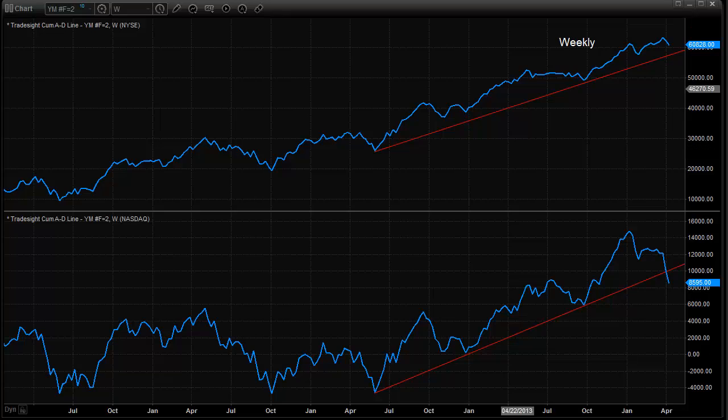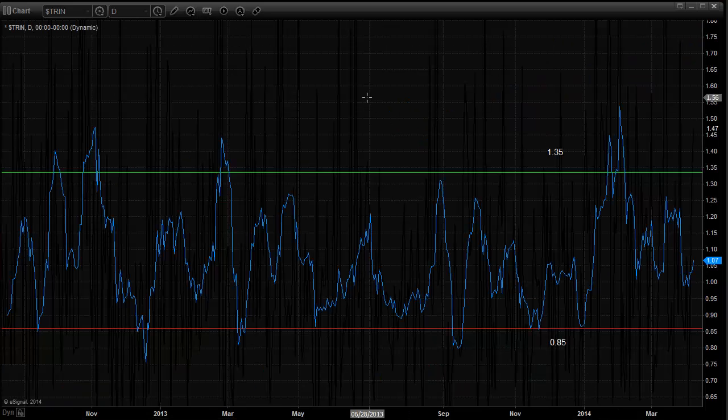So a couple things to be aware of. I don't think it's worth talking about a lot of the individual sectors and whatnot today, because I think the macro view is much more important tonight. The one chart I want to leave you with is the 10-day trend, which is really the ultimate short-term overbought and oversold metric.